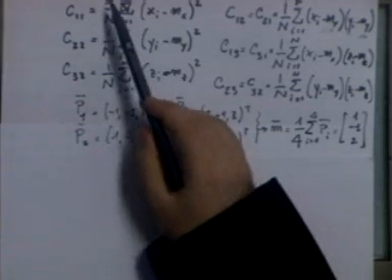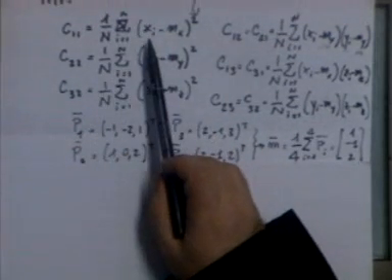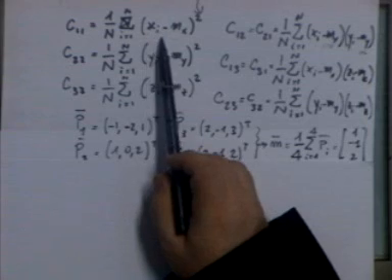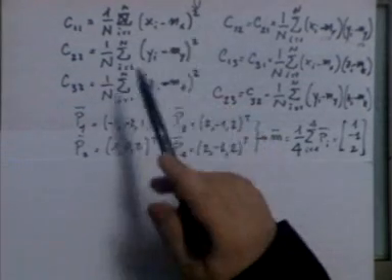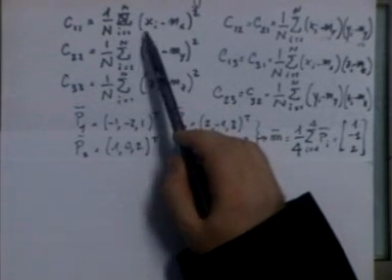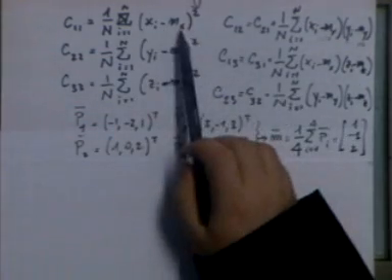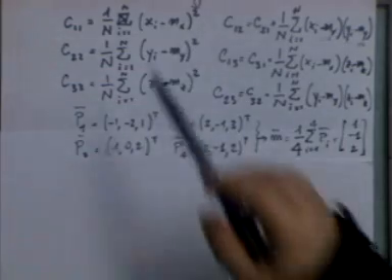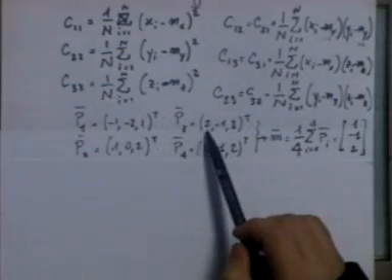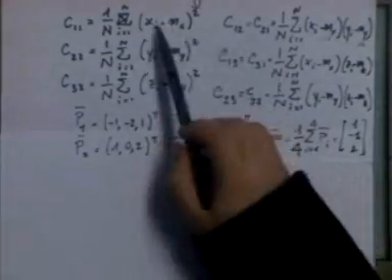So it's the same thing. 1/4, then you have x, y. For each one, you have to sum. That is, x1 minus -1 will be 0. Then you do the second one: 2 minus -1 will be 1.